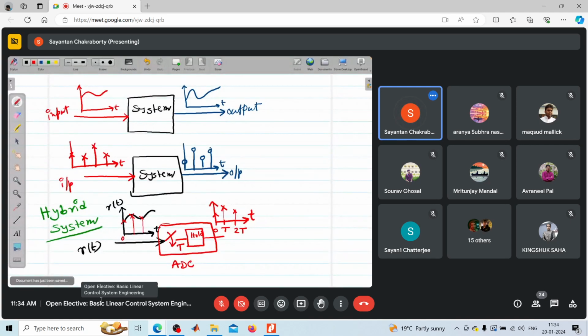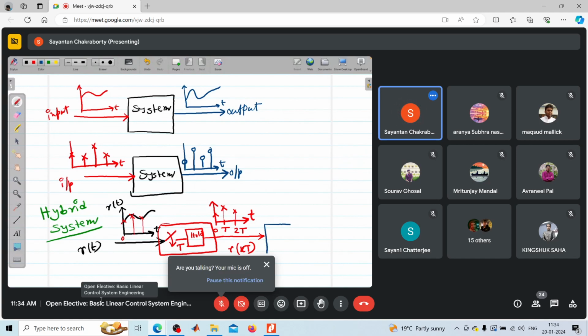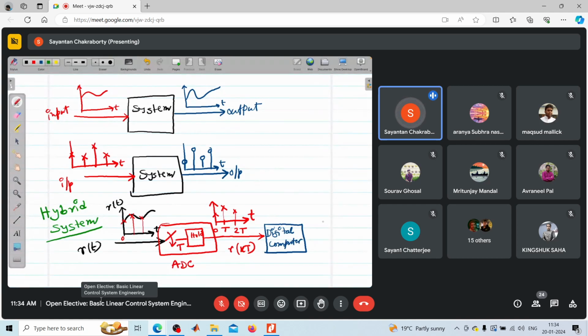So it generates a signal like this, which is obviously a discrete time signal, say r(kT), which is fed to the digital computer, and the output of the digital computer will again be a discrete time signal.